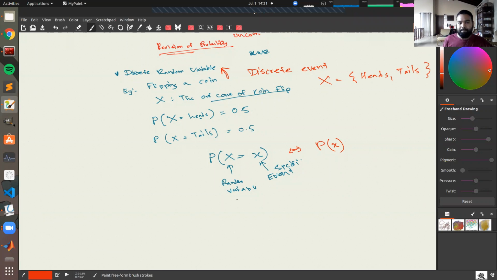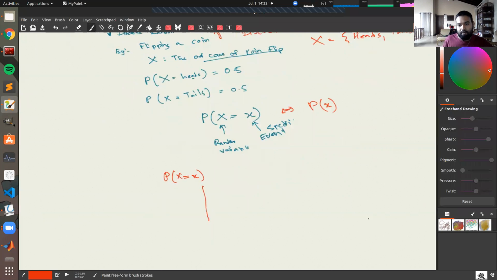If we were to plot this probability, p of X equals small x, with the random variable X, what we will get is a graph like this. We'll have both events, heads and tails, and we will have 0.5 and 0.5.